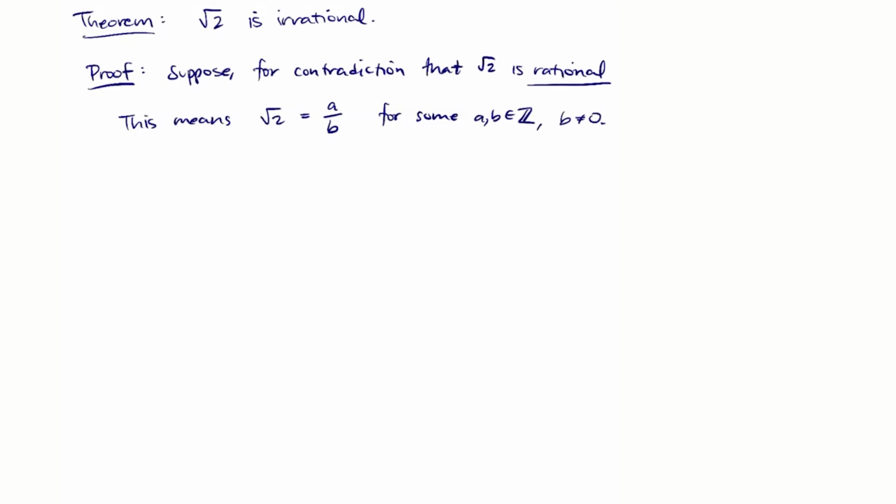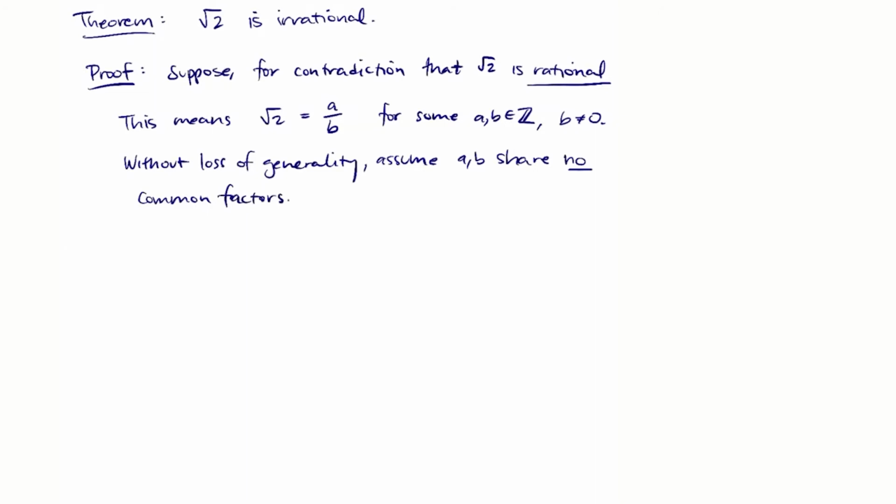Now, I'm going to do something. It's going to seem a little odd, but we'll see where it comes in. Without loss of generality, I'm going to assume that a and b share no common factors. For example, they cannot both be divisible by 2 or divisible by 3 or anything of that form.